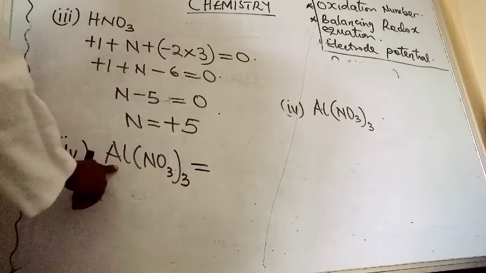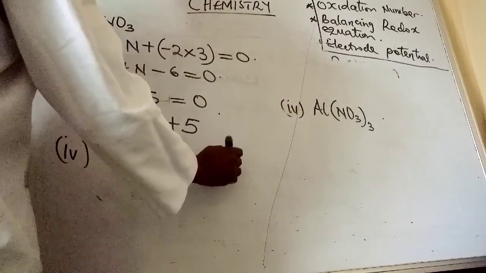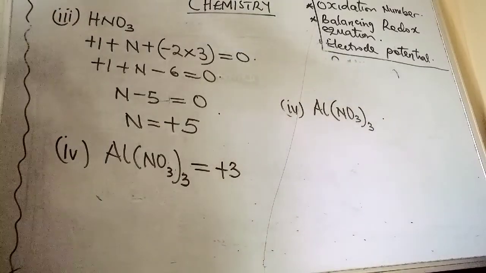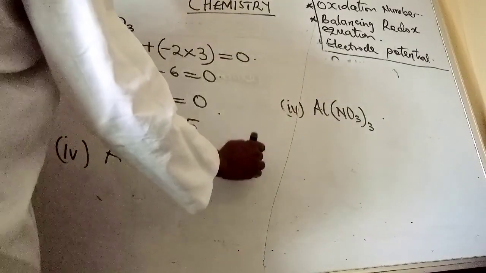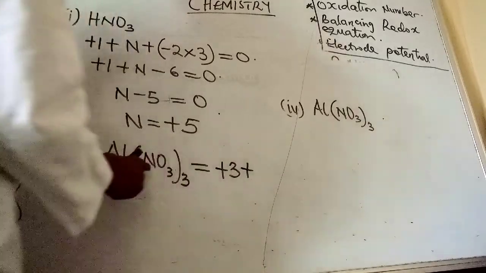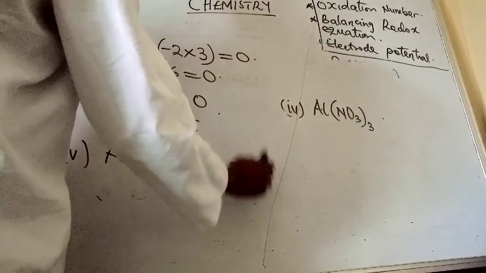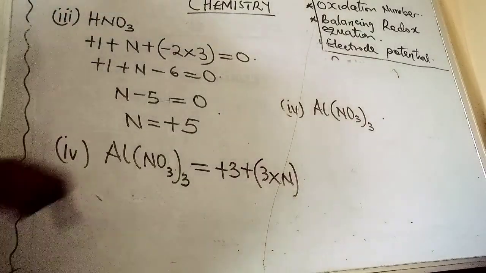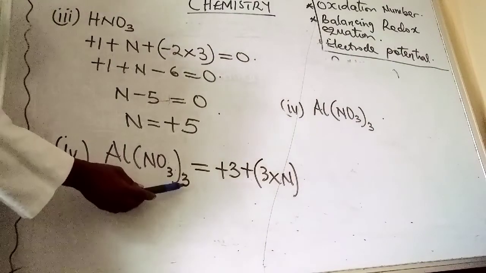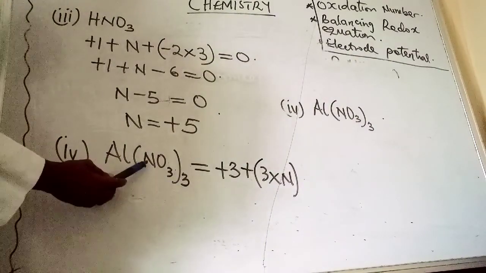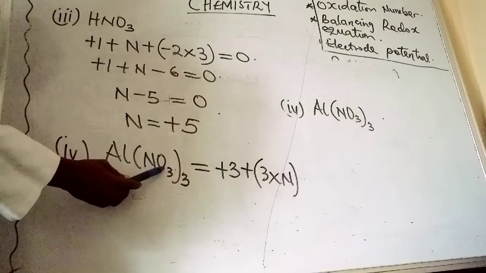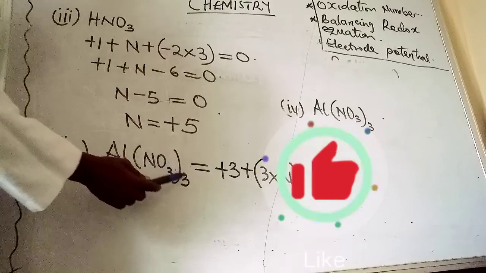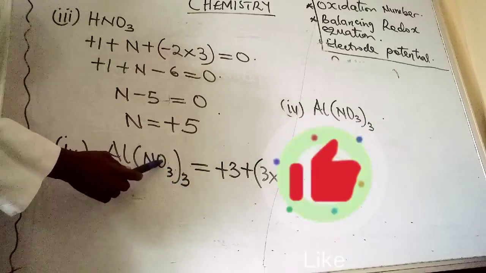The oxidation number of aluminium is +3, because aluminium ion will carry 3 charges, plus nitrogen we are looking for, that will be 3 times n. Why am I multiplying n by 3? Because the 3 outside here is affecting both nitrogen and oxygen. That means these 3 will multiply nitrogen, and as well it will multiply oxygen.